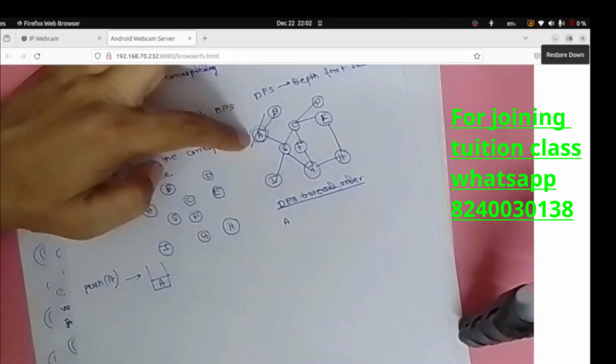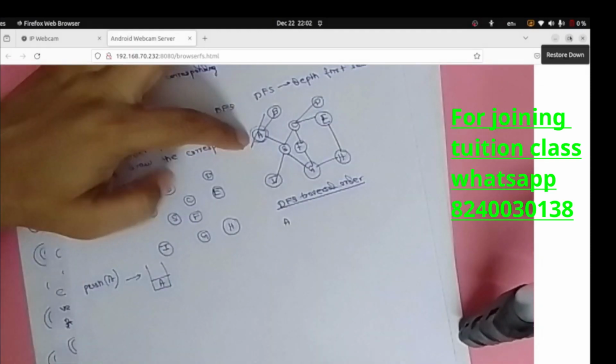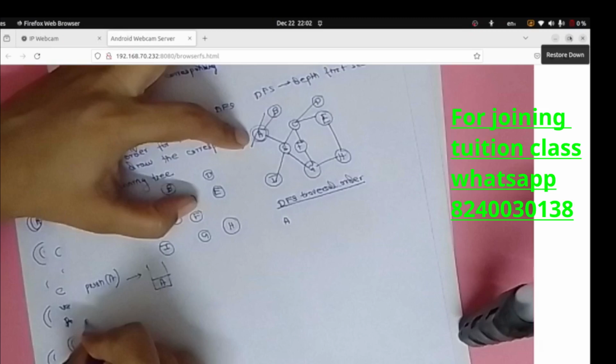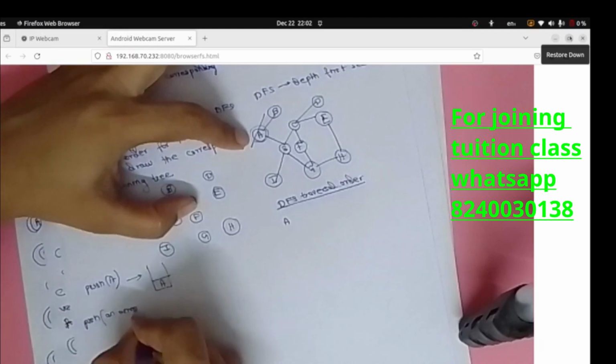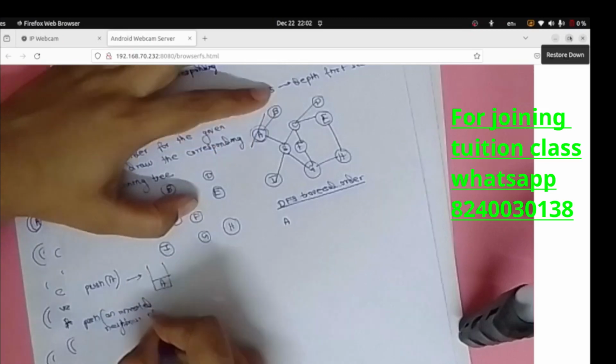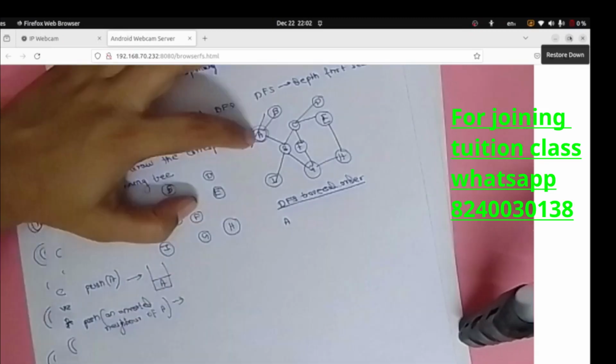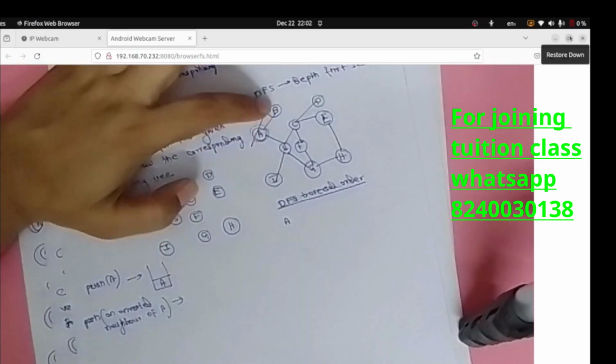From this graph, what will the next push operation be? An unvisited neighbor of A. Now we have to see this graph. A has only two neighbors, that means adjacent vertices B and S, and both are unvisited.